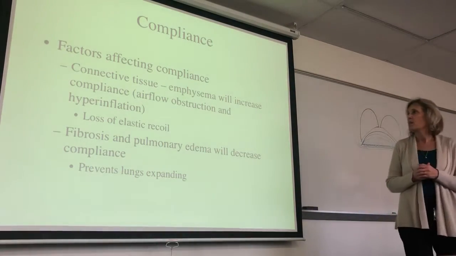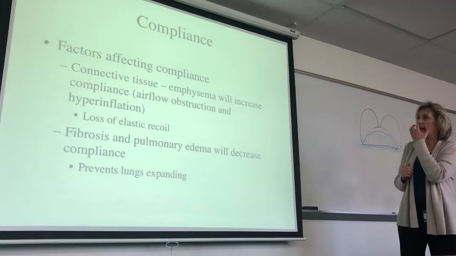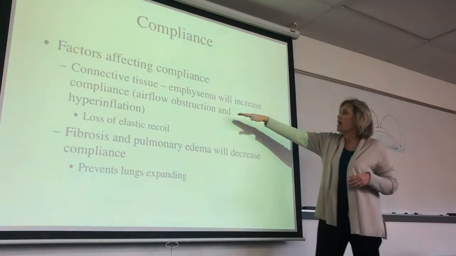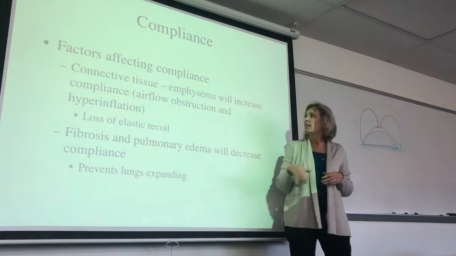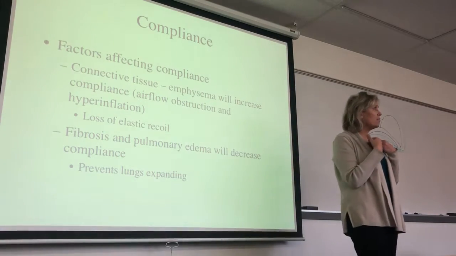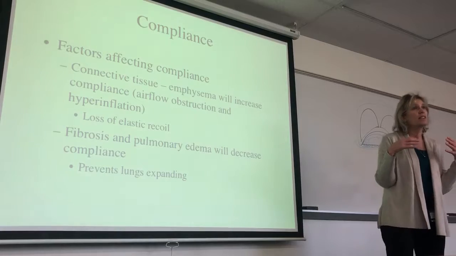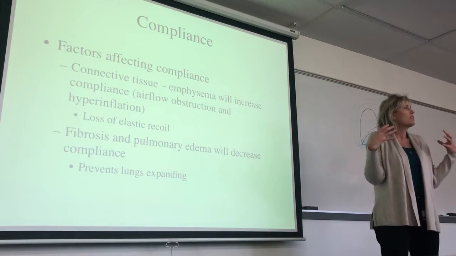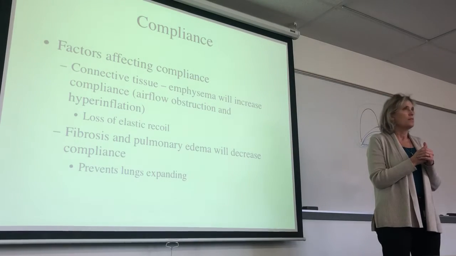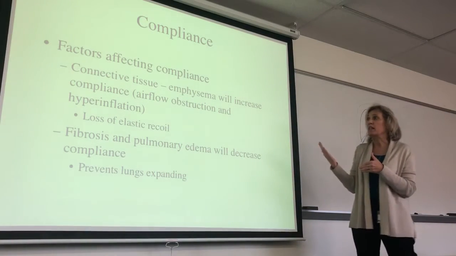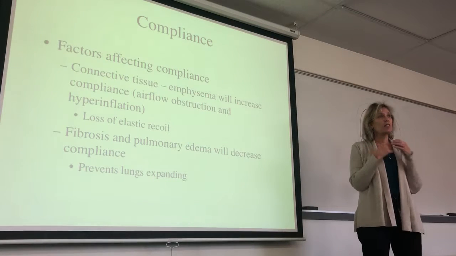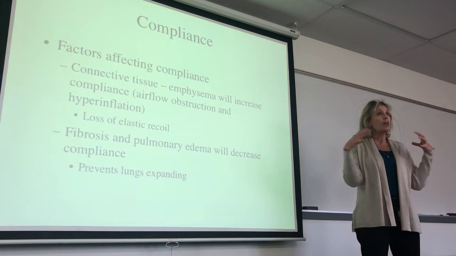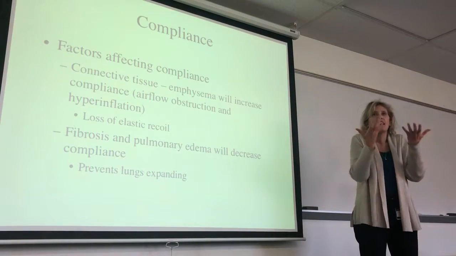A person that has a thing like emphysema, emphysema is where the airflow is obstructed, and what ends up happening is that their lungs will hyperinflate. Or COPD, anything with an obstructive disease, the lungs are trying to hyperinflate because they can't get the air out, right?